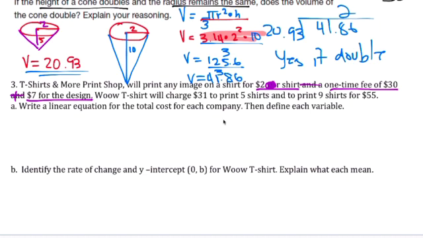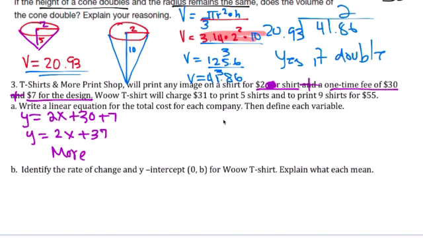So basically we're adding y equals 2x plus 30 plus 7. So y equals 2x plus 37 is for Frontmore Print Shop.